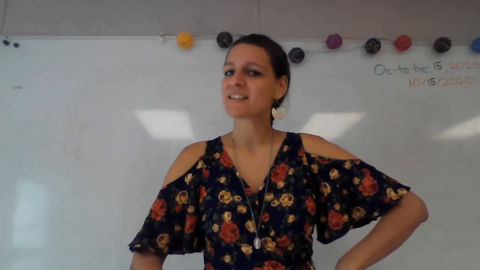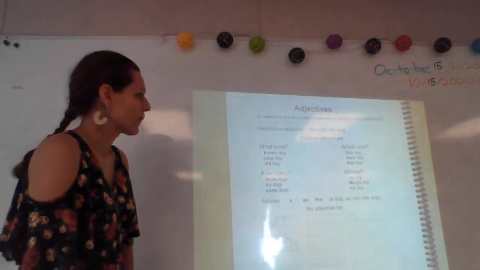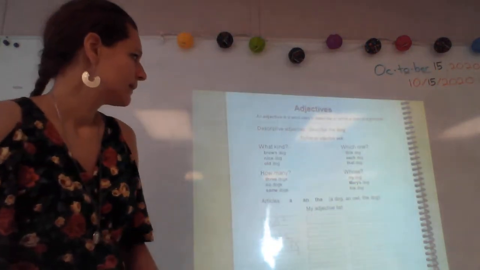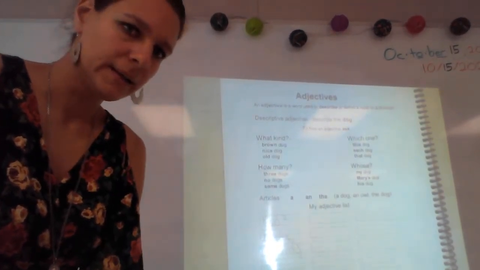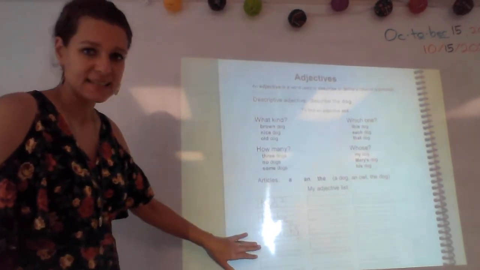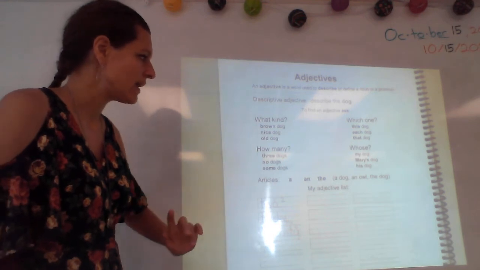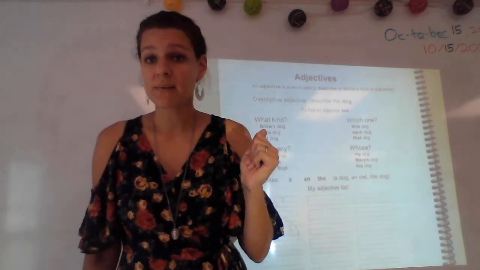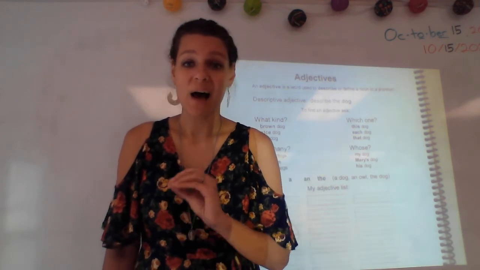So go to page 28 in your notebook. All right, so we're going to write slow on the next free line we have on our adjectives page. Which O do we use in slow? Excellent, we use OW.